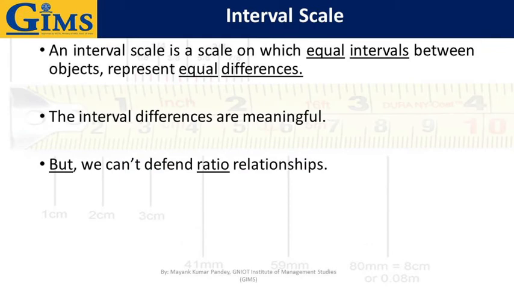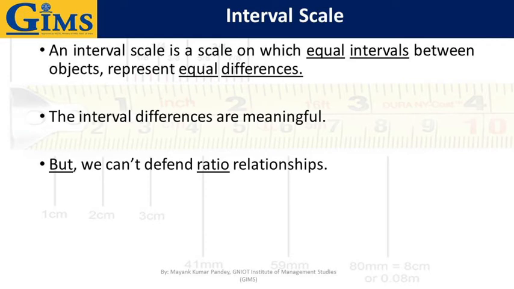Now come to interval scale. Interval scale talks about equal intervals between objects, right? If there are two objects, it talks about equal distance, or equal difference between two different objects. So the interval differences are very meaningful because they are equal, meaning one object is equally different from the other object, but we can't define a ratio relationship.